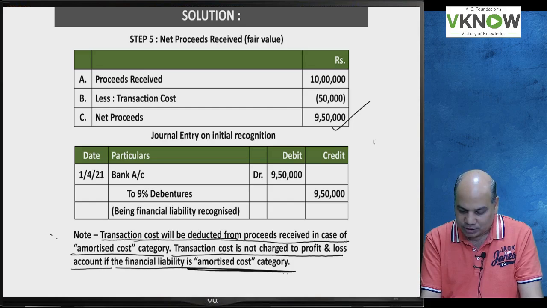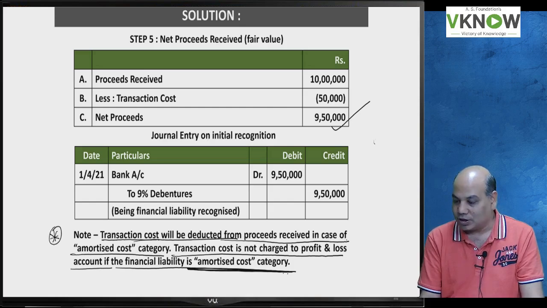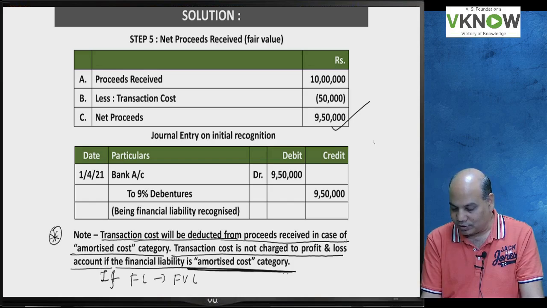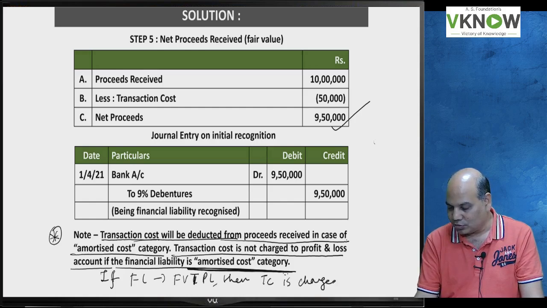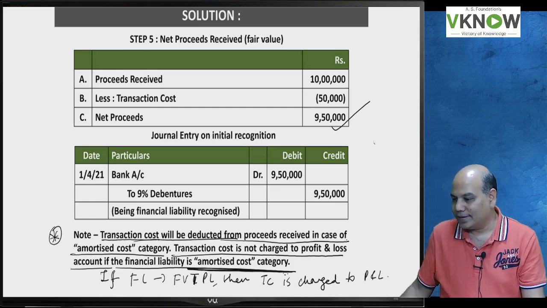Now just keep in mind, if the financial liability is FVTPL, then transaction cost is charged to P&L account. Then transaction cost is charged to P&L account, because then it is fair value through P&L account.